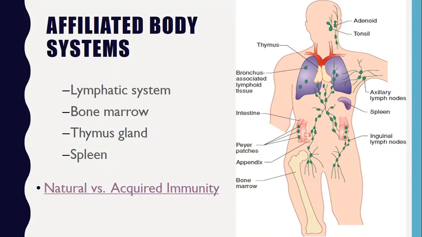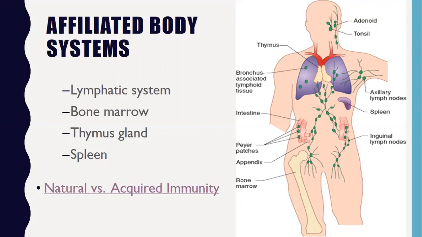Acquired or adaptive immunity requires prior exposure to an antigen. That may be through immunization, or that may be because you actually had the disease. So what happens is after you've had it, your body produces antibodies so that it can recognize it the next time.